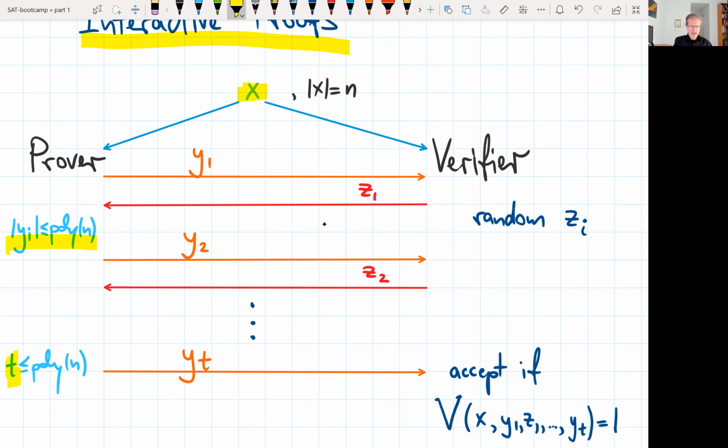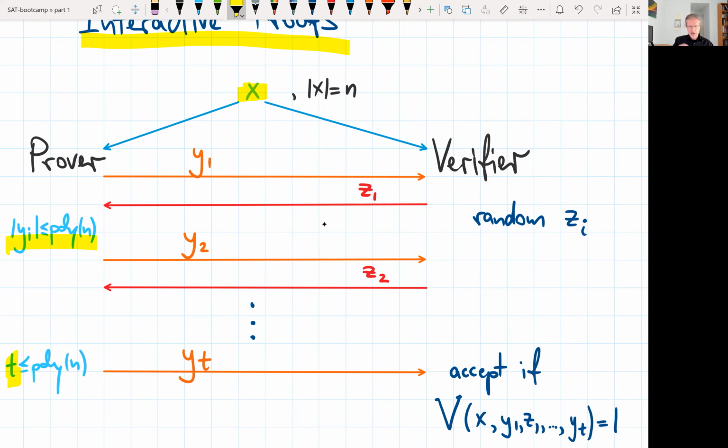The messages that the prover sends and also the verifier sends will have to be polynomially bounded, because the verifier is going to be some polynomial time algorithm. It cannot possibly look at very long messages given its restriction on the runtime. So the prover has to send short messages to the verifier, same as was the case for the standard classical definition of NP that we saw earlier.